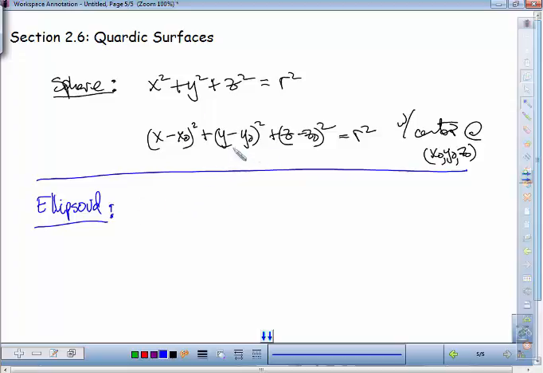So can I just do this one with a center point? It'll be x minus x naught quantity squared divided by a squared plus, sorry, that should be y minus y naught, and z minus z naught squared.